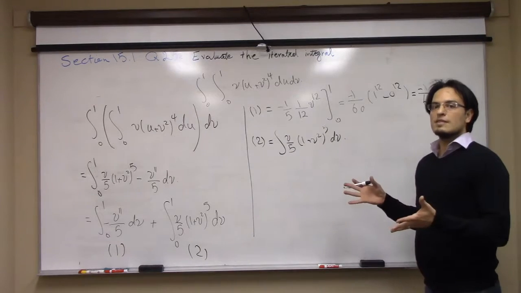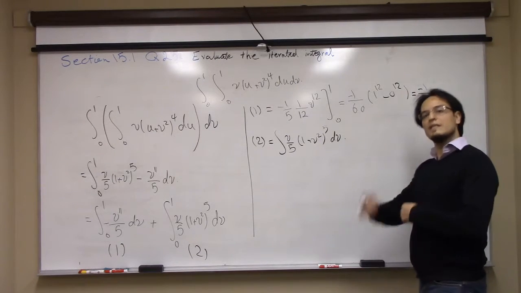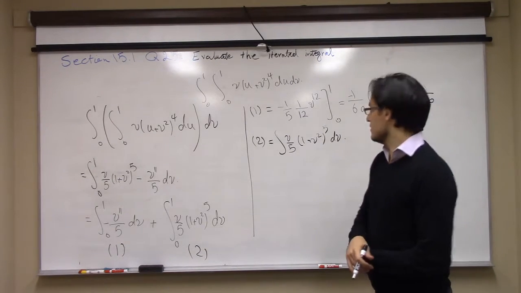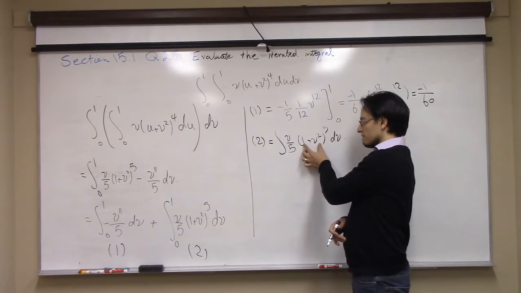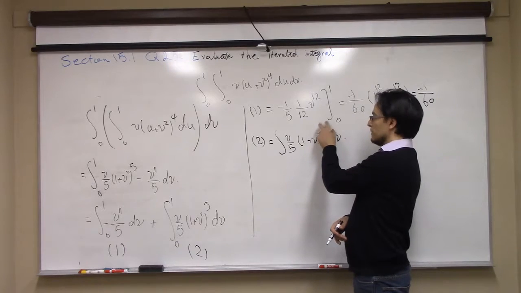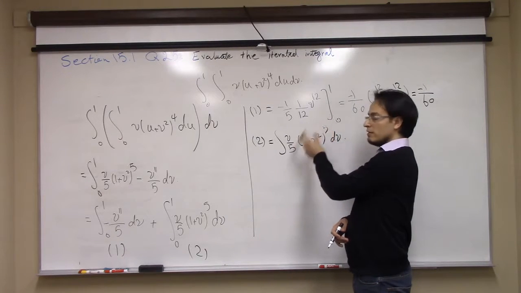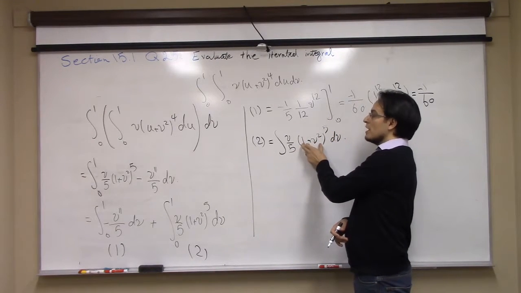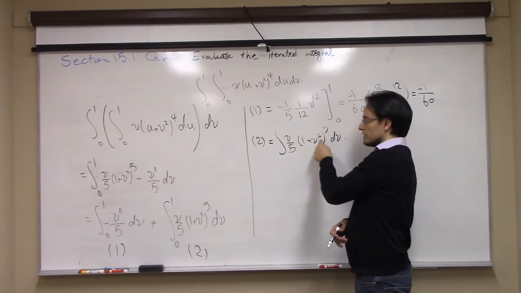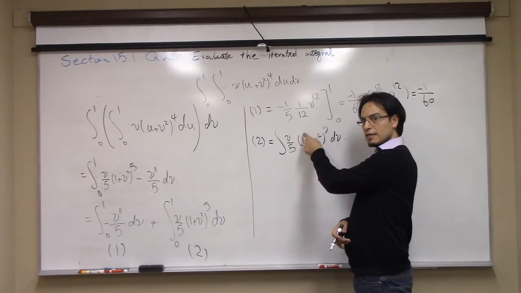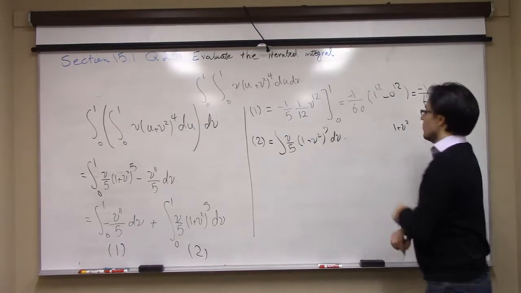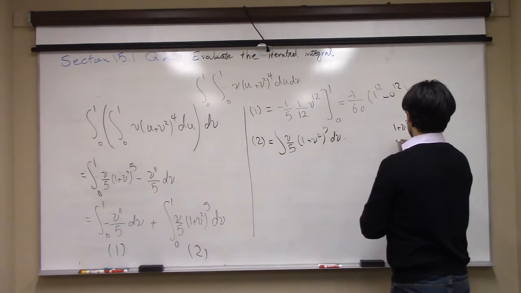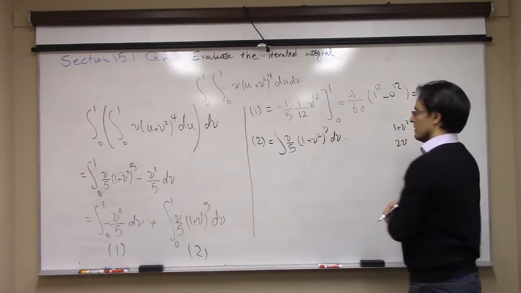So this is a very good example to refresh your integration techniques. Here, what we have is 1 plus v squared to the power of a big number, which is 5 here. Whenever you have such a situation, look for the derivative of the inside of the bracket. The derivative of 1 plus v squared is 2v.